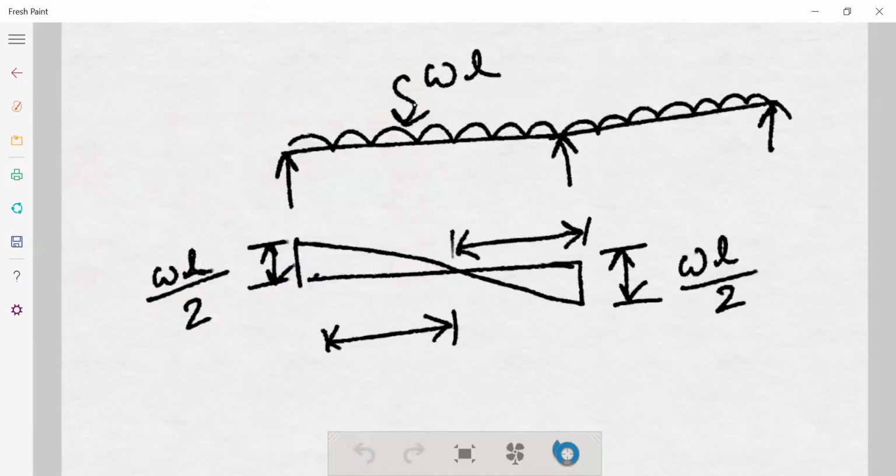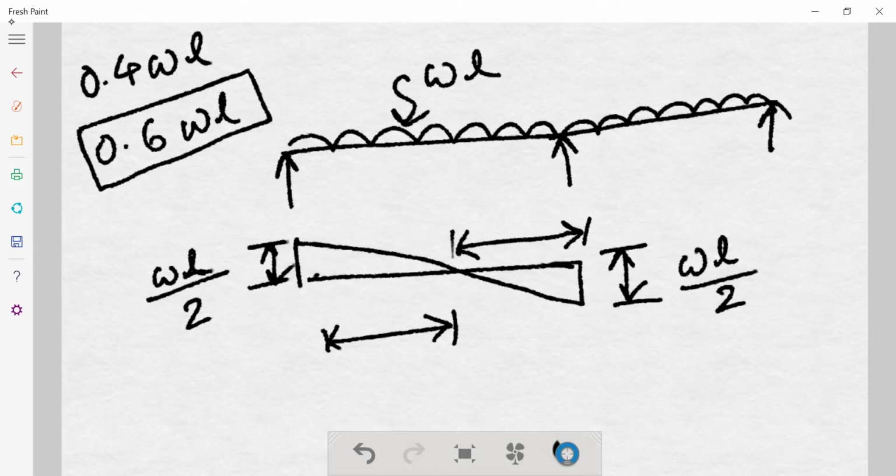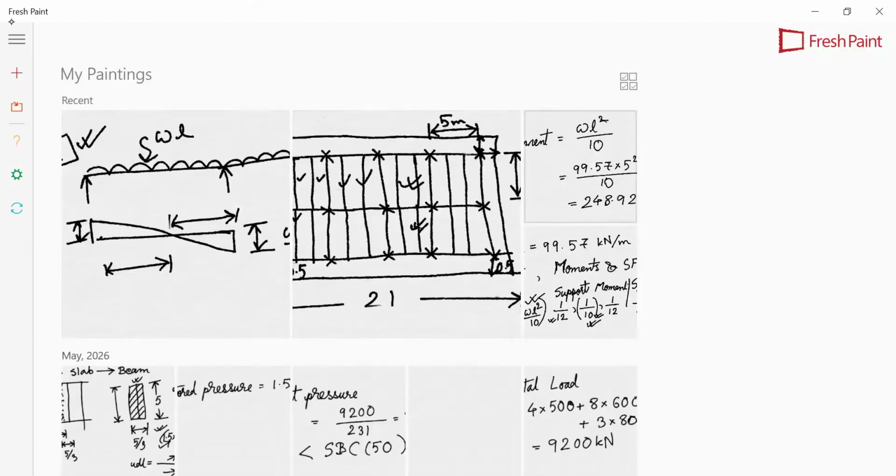Generally, at one end the shear force will be 0.4 into WL, and at another end it will be 0.6 WL. Out of this, obviously we take the maximum value. It is distributed in continuous beams in terms of 40%, 60%, because of the continuity. So out of this, 0.6 will be the higher one, so we take 0.6 WL as the shear force value.